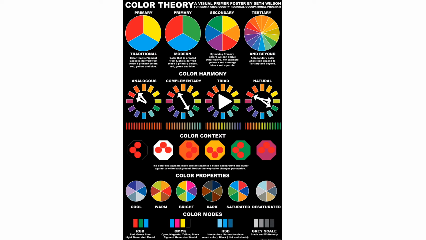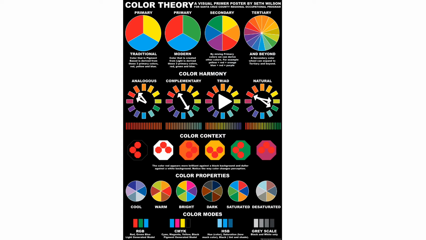Color harmony. So color harmony is how, again, we experience color and how color makes us feel. And we can tie that to how we can choose color from a color wheel. And generally, when we're looking at all of the colors together, we're going to look at them in a wheel format, right? So analogous colors, when we talk about analogous colors, we're talking about colors that are next to each other on the color wheel, anywhere on the wheel.